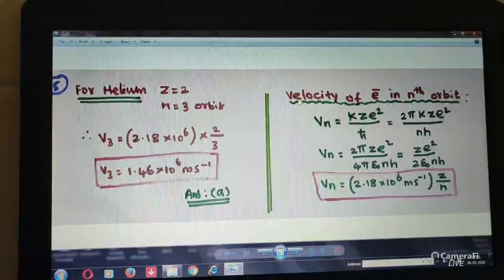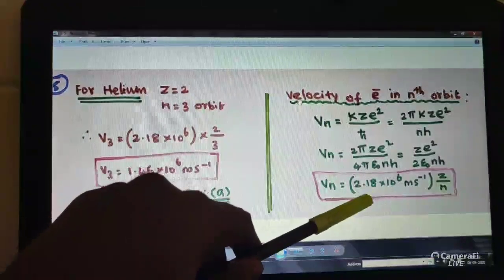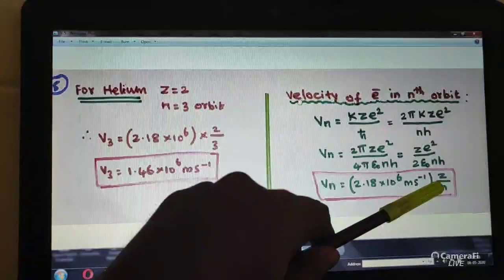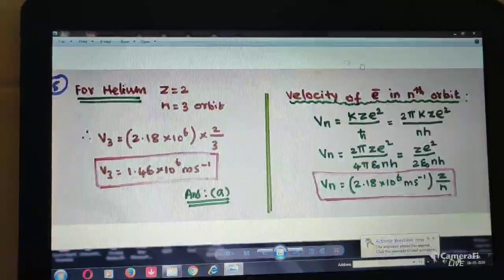So a question like that is also possible. After you find out the different velocities, you find the ratio they are asking for. Okay students, it's very easy. So please remember this formula, 2.18 into 10 power 6 meter per second into Z by n. Okay, right. So question number 5 is over.